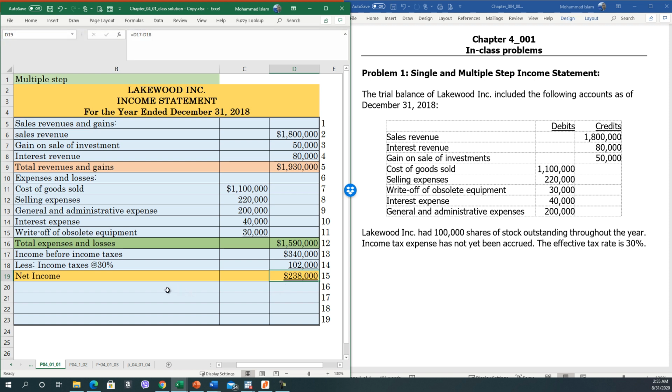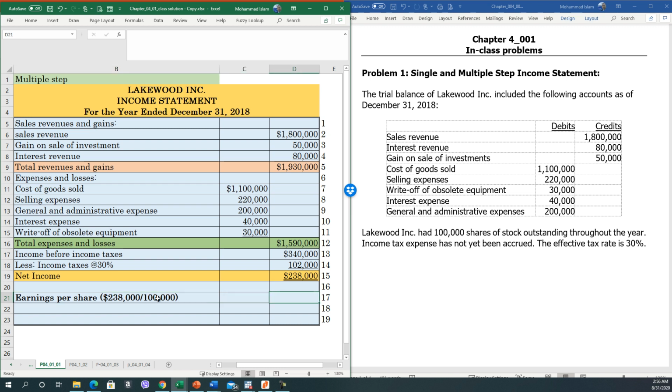Now it is asking us to calculate the earnings per share. Earnings per share means we take the total net income of 238,000 divided by the 100,000 shares of outstanding common stock.